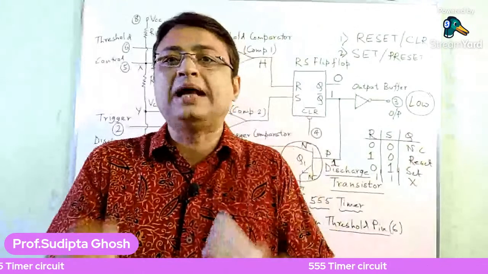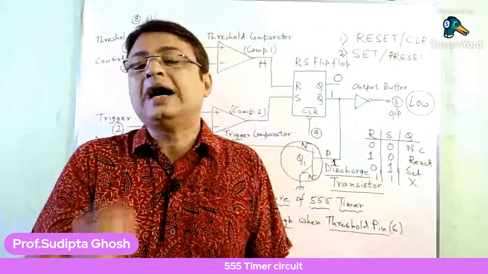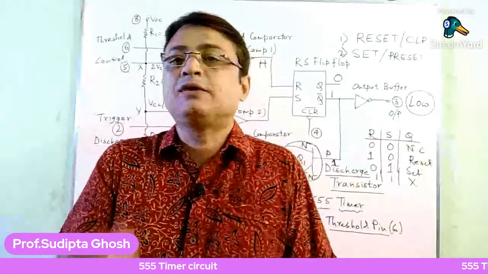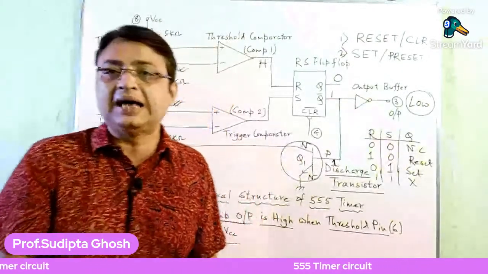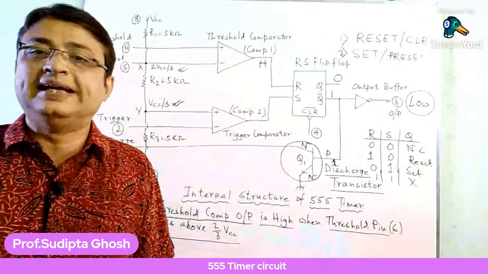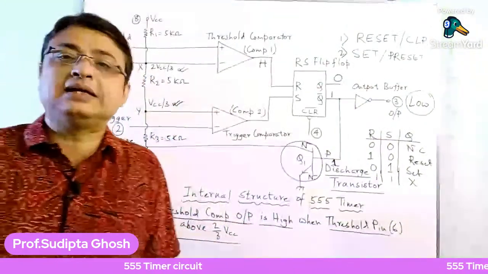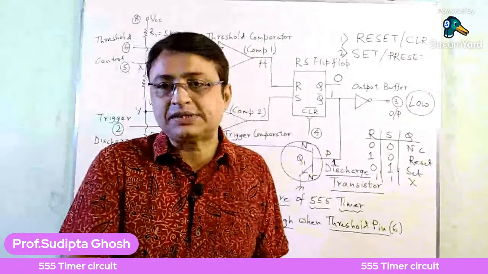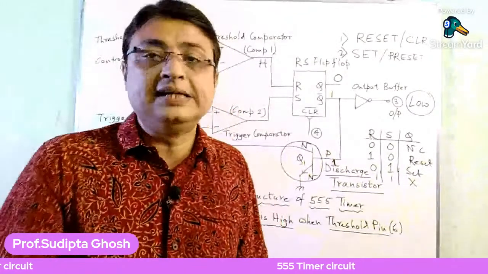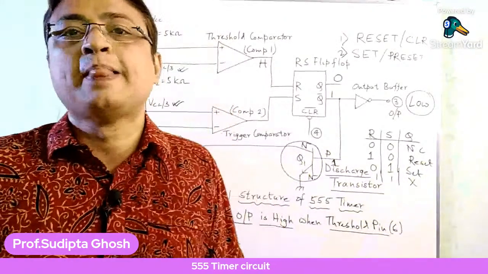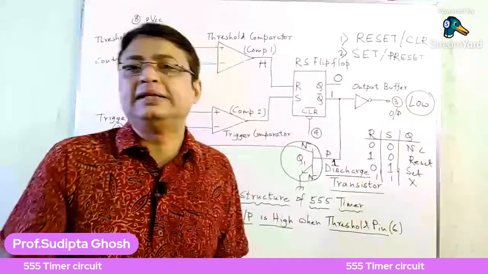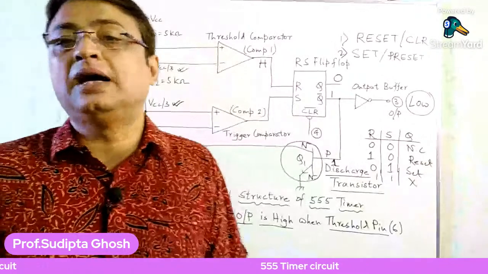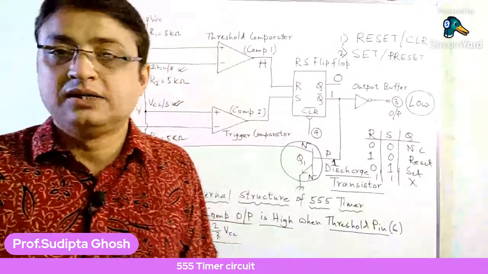So I am asking you, whenever the base of a transistor is in high state, in which of these three states is the transistor: whether in the active state, in its saturation state, or in its cutoff state.